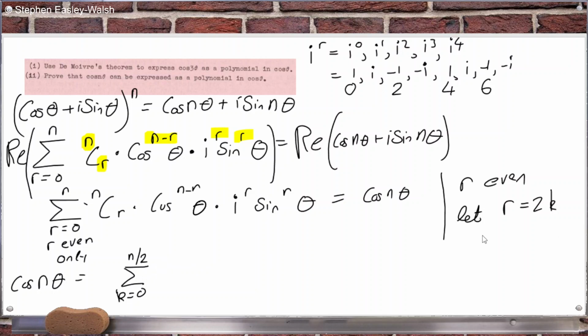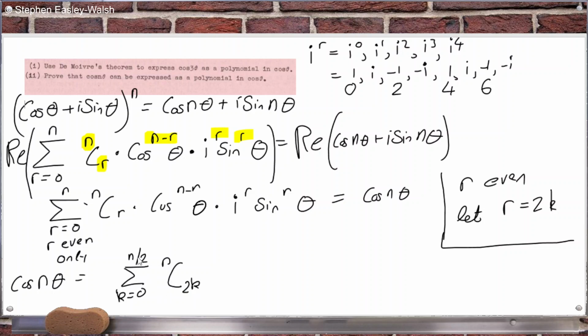For example, if this went up to 6, we only would need to have the even ones, which is 0, 2, 4, and 6. So we could do it using k, where r is equal to 2k. So this would be nC2k.